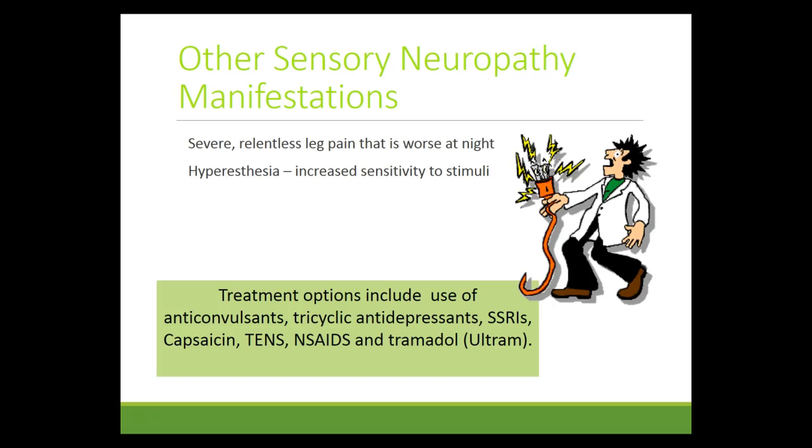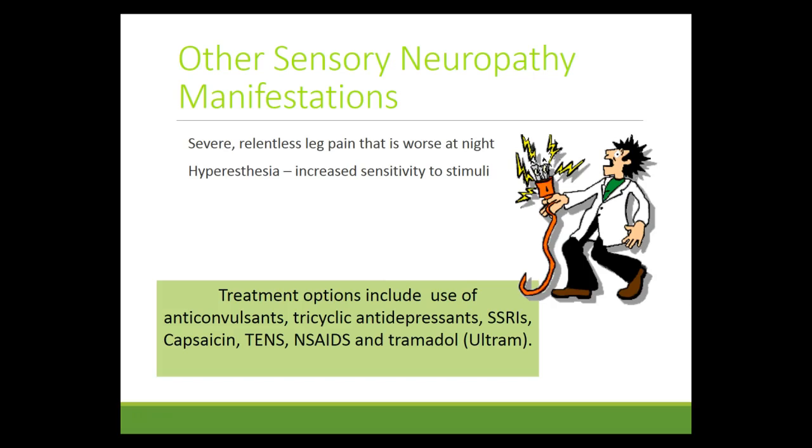Other issues with the neuropathy, sometimes patients can have a relentless leg pain that is worse at night. And sometimes having undersensation, they can also have increased sensitivity to stimuli.